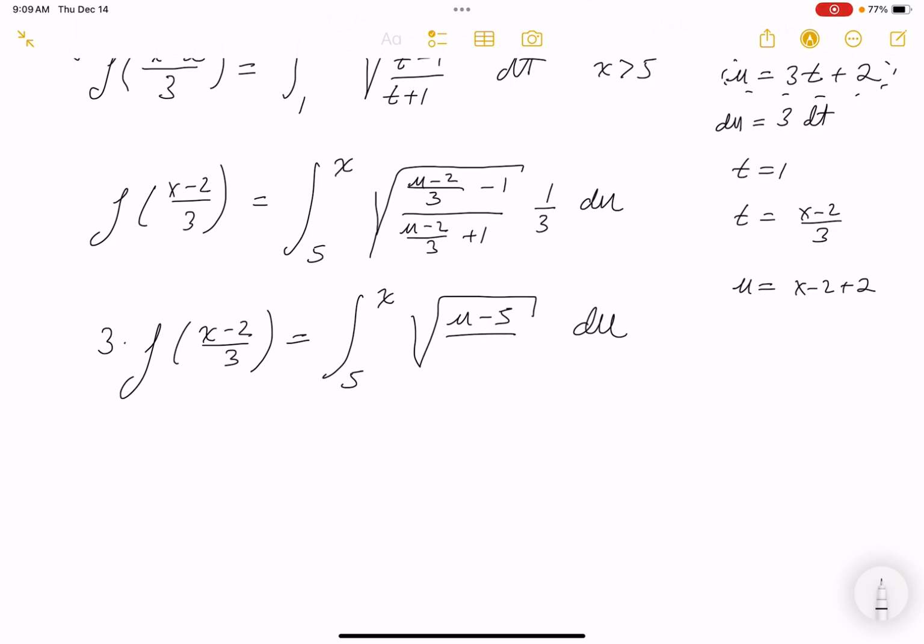On the bottom, if I multiply by 3, I'd get u minus 2 plus 3, which is going to be u plus 1. And this is what I wanted to come up with. So I found that relationship, and we're done with that.